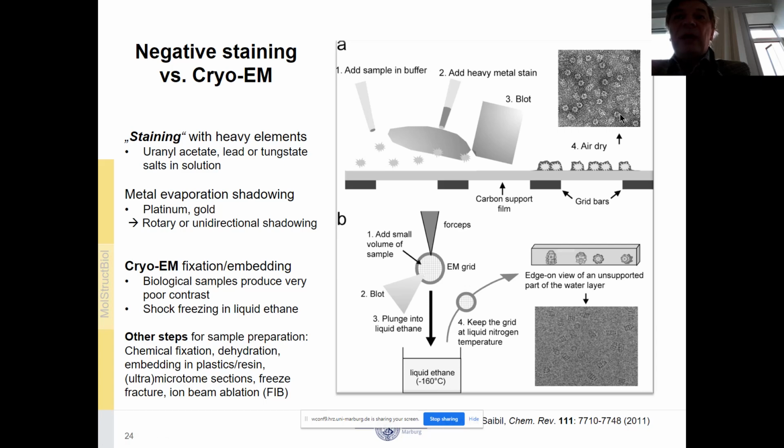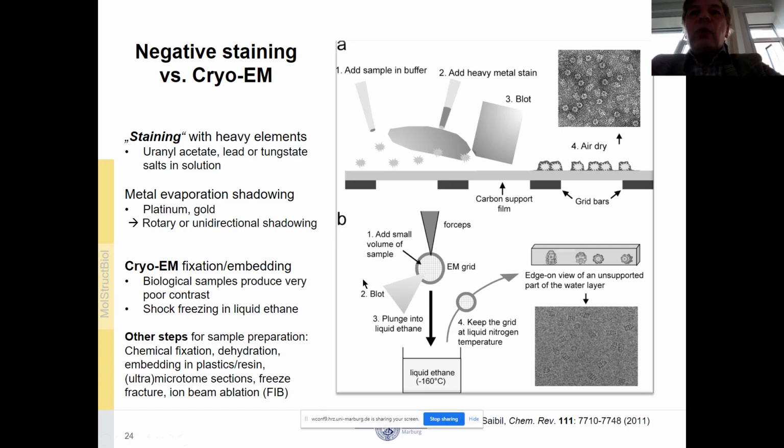So the other thing then you have to do is to use cryo-electron microscopy. There are also some other staining methods here as well, shadowing methods, I will not come up with. Cryo-electron microscopy is not using this kind of dry samples we have made here before. It's using wet samples. So the sample is pipetted to the EM grid.